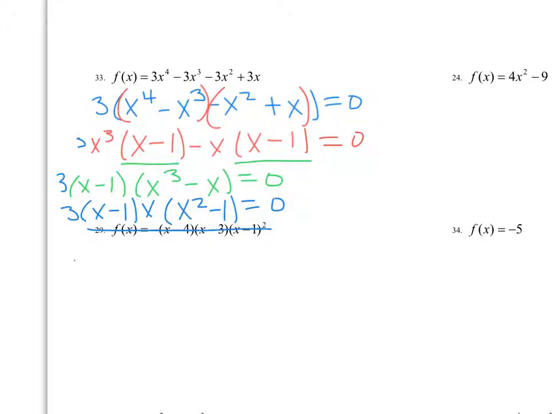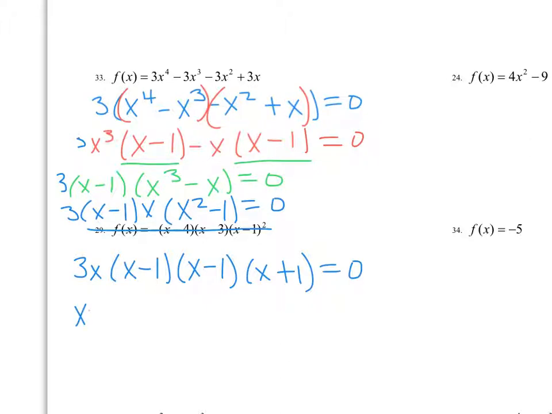I'm going to bring that x next to the 3, and then we have x minus 1 times x squared minus 1, a difference of two perfect squares, so that's an x minus 1 times an x plus 1 equals 0. We set each of those equal to 0 and solve. We're going to get x equals 0, x equals 1, and x equals negative 1.